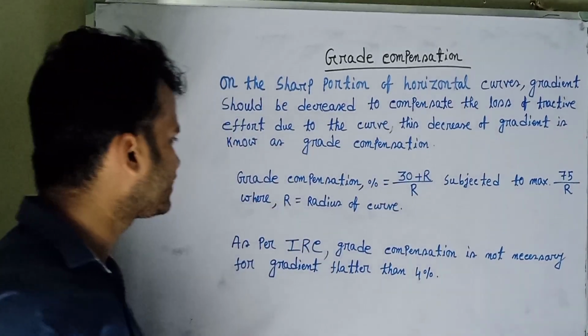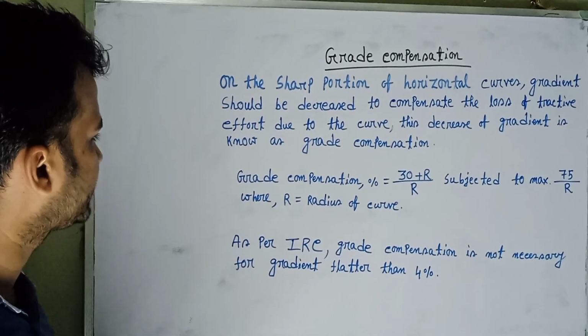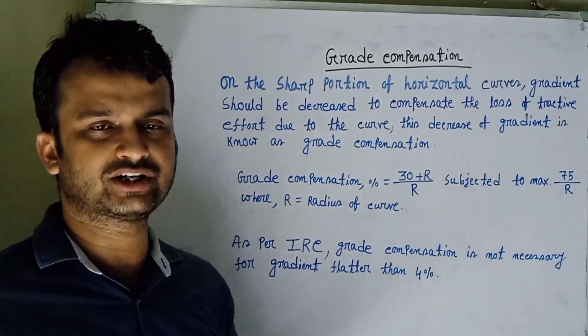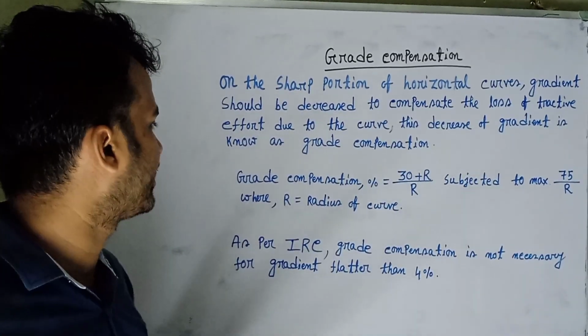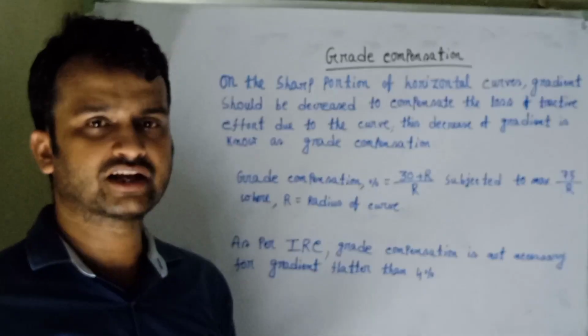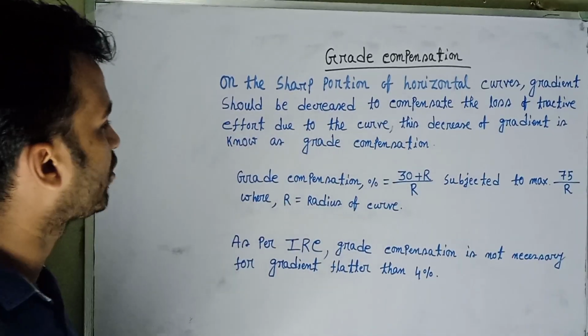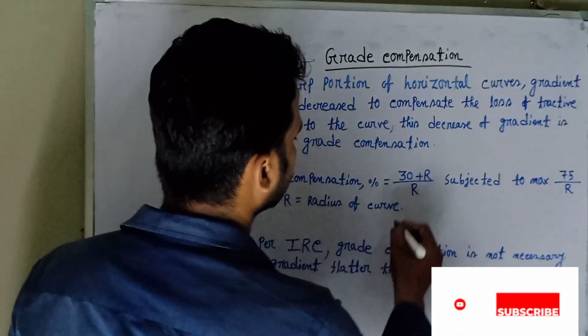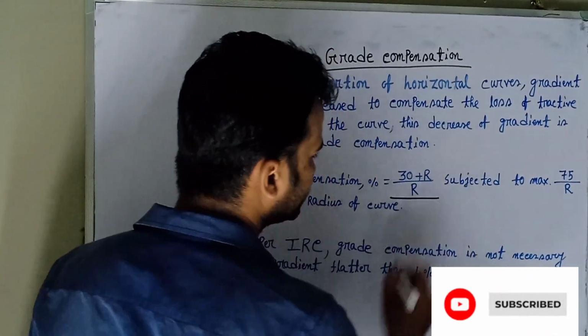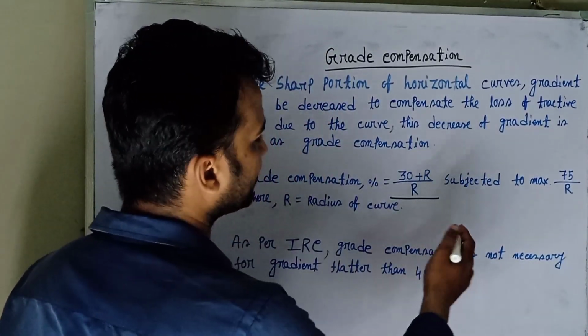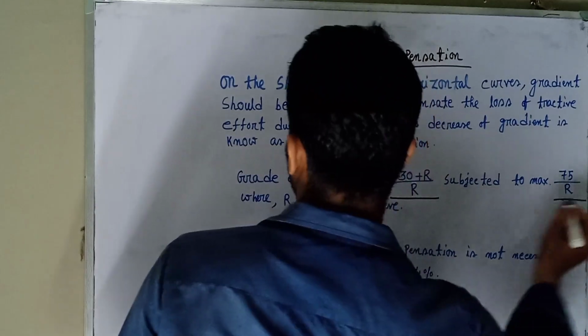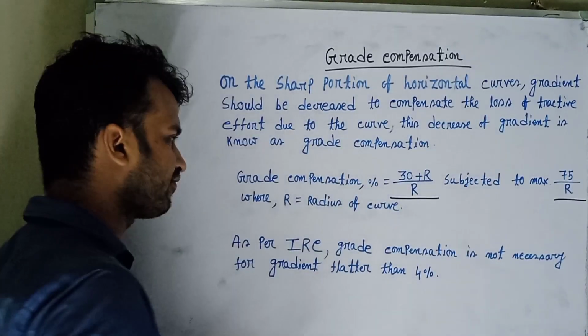Now we will understand how to calculate the grade compensation. First of all, grade compensation is generally calculated in percentage, and the formula is (30 + R) / R, subject to a maximum value of 75 / R, where R is the radius of the curve.